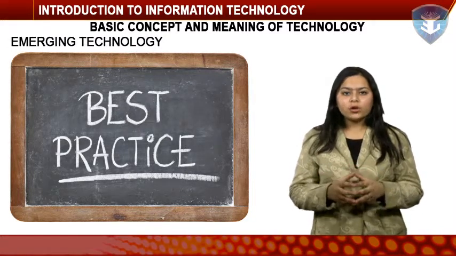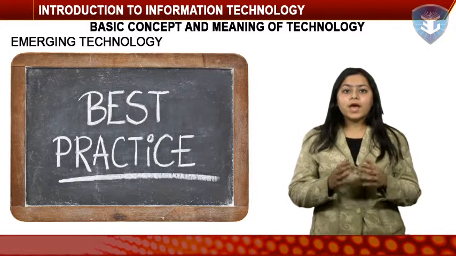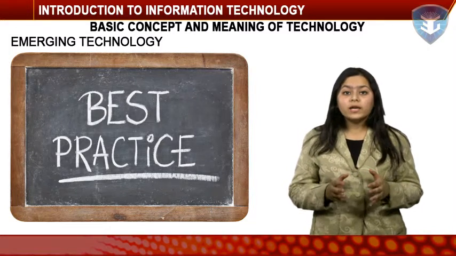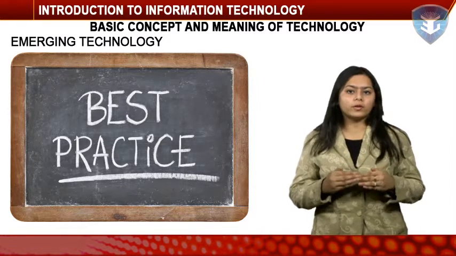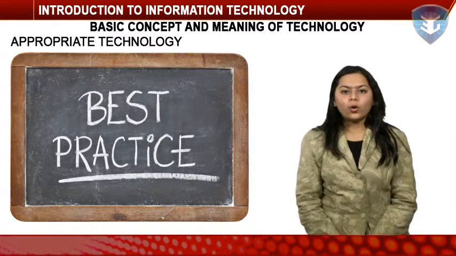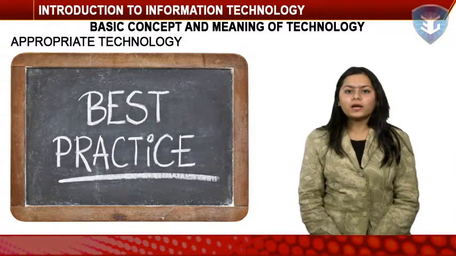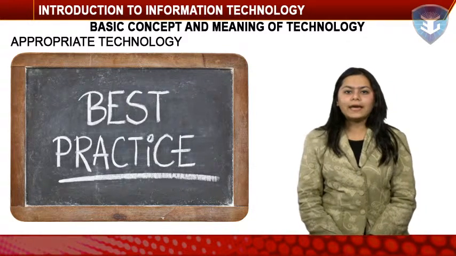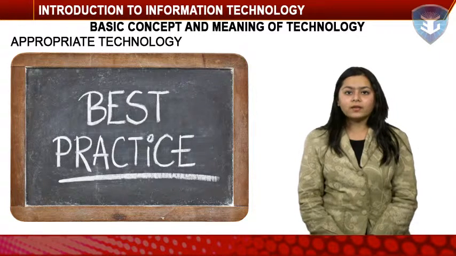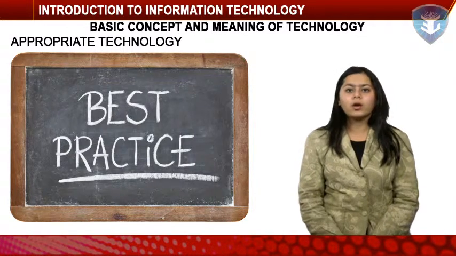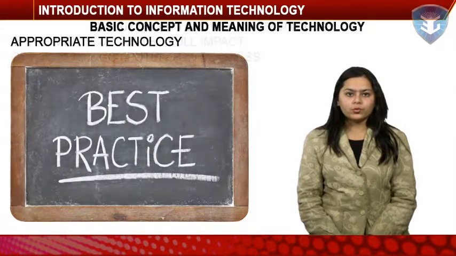An emerging technology is any technology that is not yet fully commercialized but will become so within about 5 years. Appropriate technology. The term appropriate technology is used to indicate a good match between the technology utilized and the resources required for its optimal use.